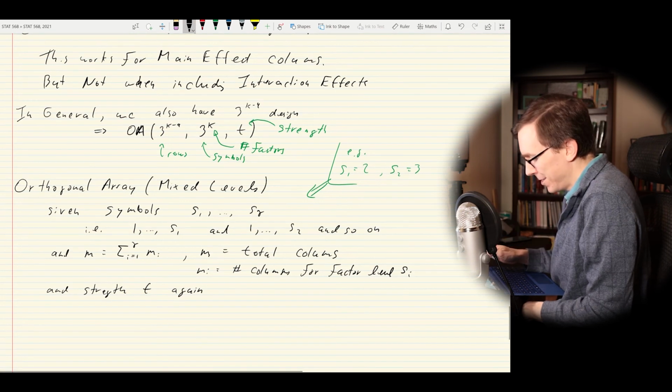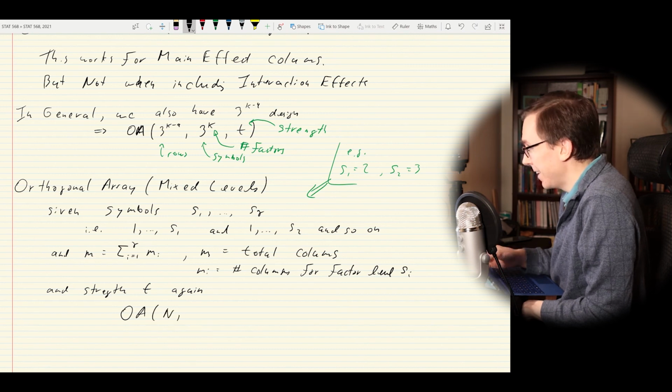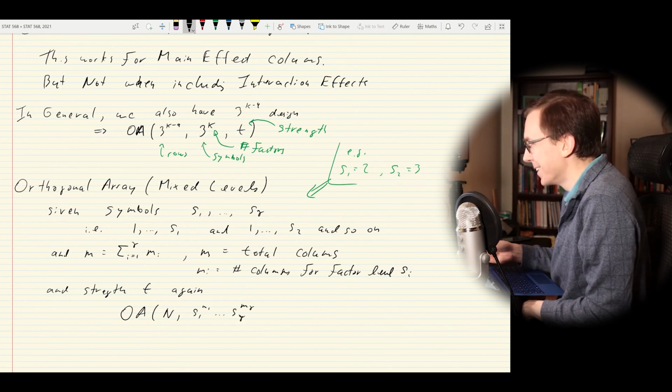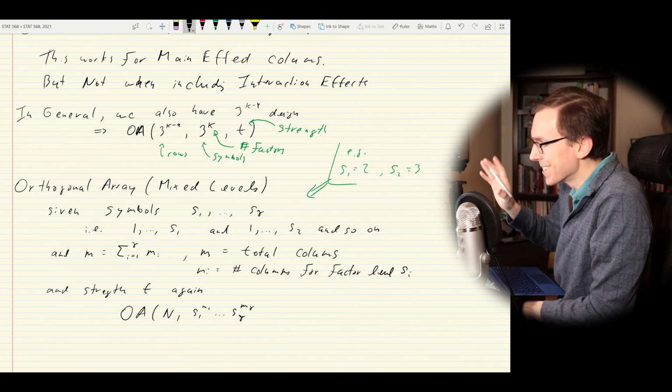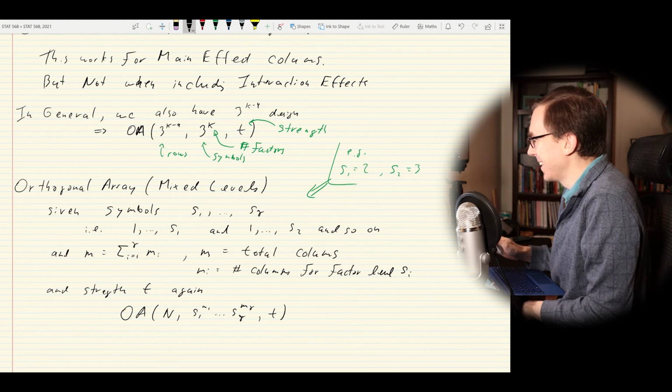then what we have is our orthogonal array OA of N, and then we're going to have something like S1, M1 through S gamma, M gamma. I'm going to give an example. So stick with me for just a minute longer, right?